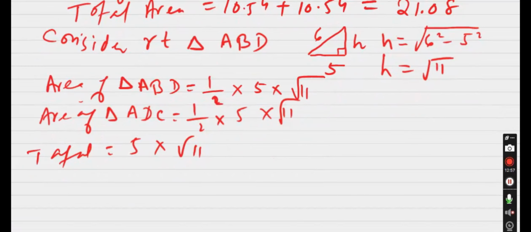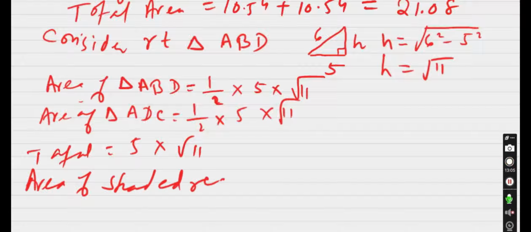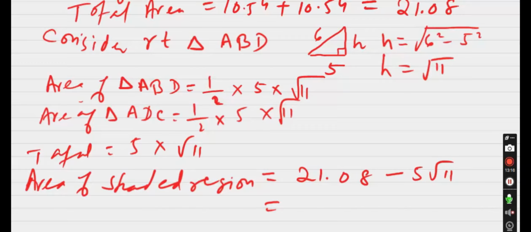Therefore, we find the area of the shaded region is equal to the total area minus the area of the unshaded region.